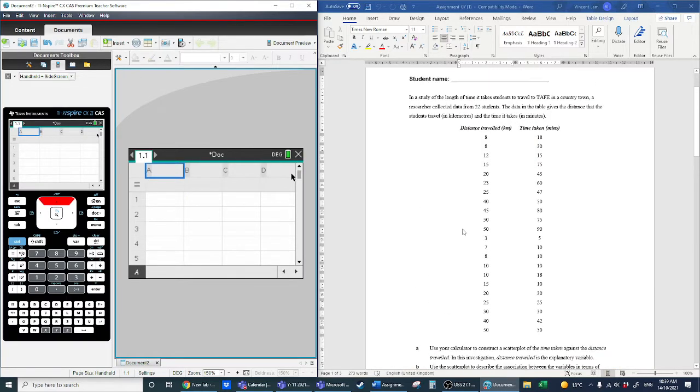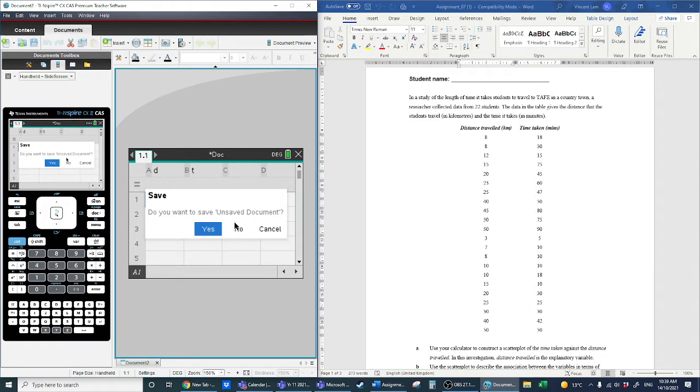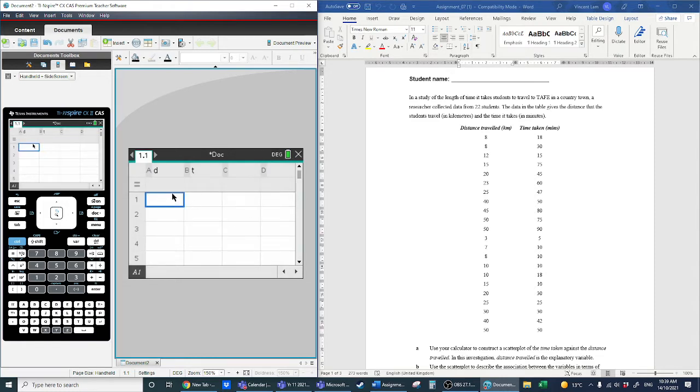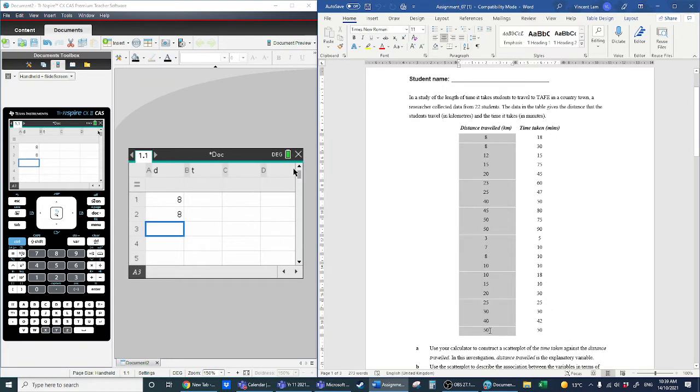Let's go D for distance traveled, T for time taken. If you've got more than 1.5 tabs, then I'll recommend that you push the cross button and delete it all. This shouldn't be hard. This is just entering data, so I'm going to cheat.